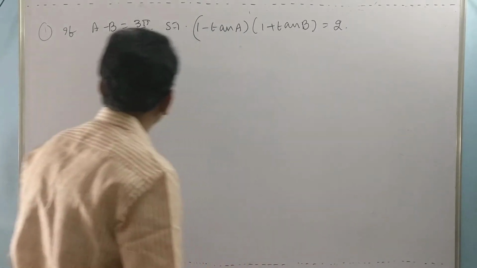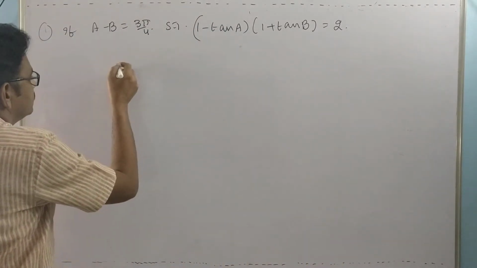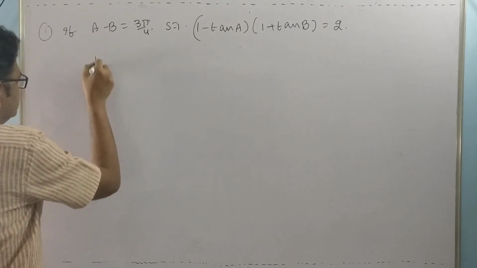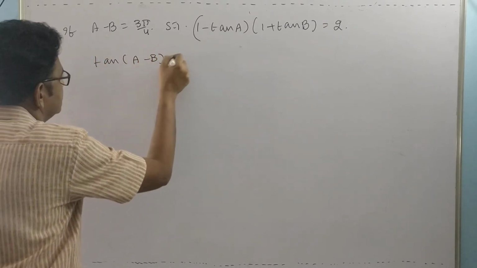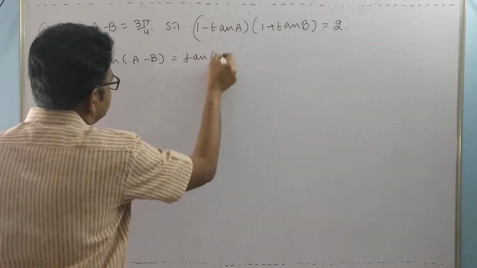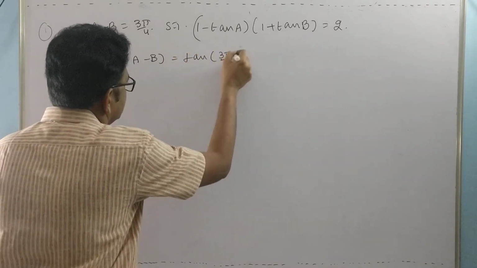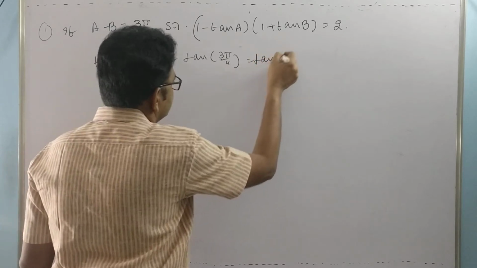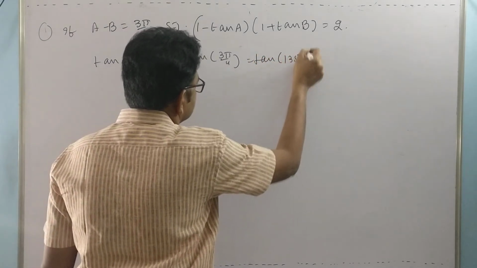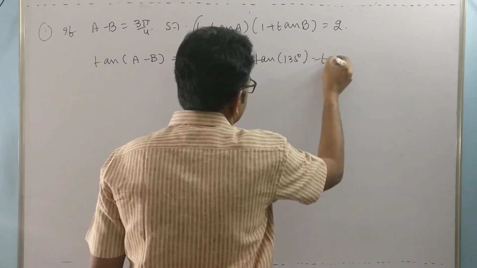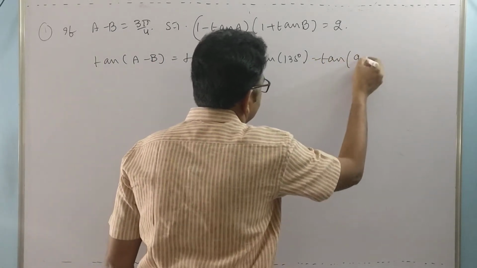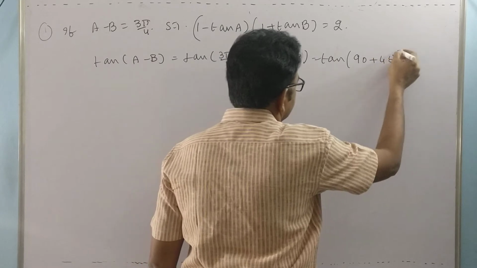So for this problem also we are applying tan on both sides. So tan of a minus b is equal to tan of 3 pi by 4, that is equal to tan of 135 degrees. Tan 135 is nothing but tan of 90 degrees plus 45 degrees.